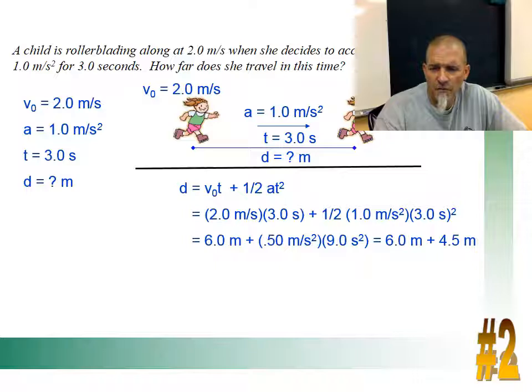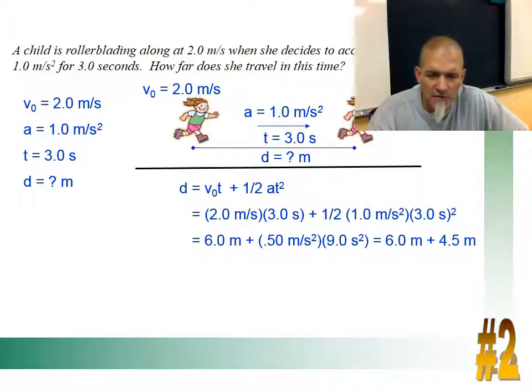Now this term is a little bit more involved. I've got 3 squared, so that would be 9. Have to square the units as well, so it's seconds squared. 1/2 of 1 is 0.5, doesn't change the units, meters per second squared. Now I have these two terms to multiply. Of course, the numbers, 0.5 times 9 gives me 4.5. And look at the units carefully. Meters over seconds squared times seconds squared.